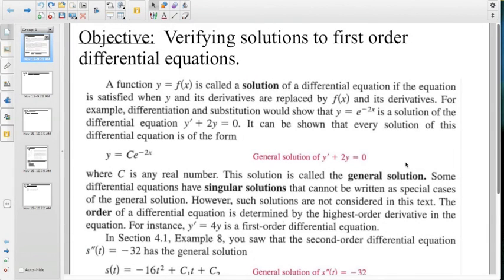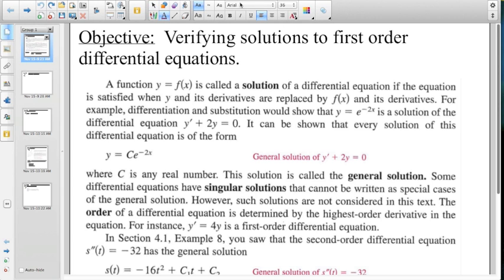In this section, we're going to evaluate first-order differential equations and look at general solutions and particular solutions. A general solution to a differential equation is a solution that has a constant of integration.